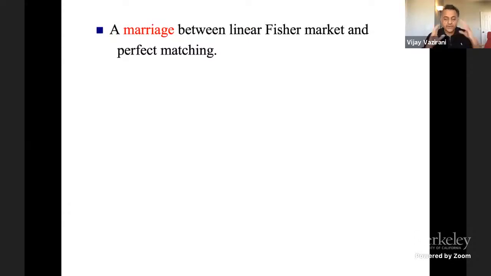So you can view this market as a marriage between linear Fisher market, which really is a market with money and goods, and goes about finding equilibria and is run through the pricing mechanism, and perfect matching.